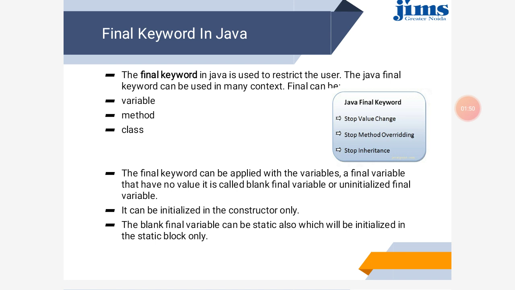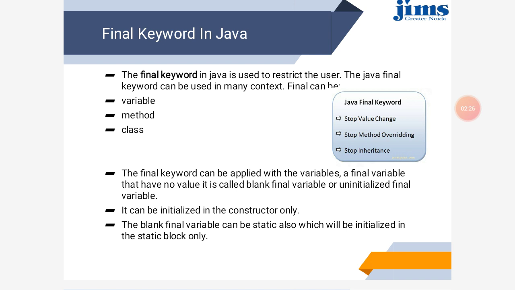The final keyword can be applied with a variable. A final variable that has no value is called a blank final variable or uninitialized final variable. While declaring any variable, we must initialize it. If we are not initializing that value, then we say it is a blank final variable.